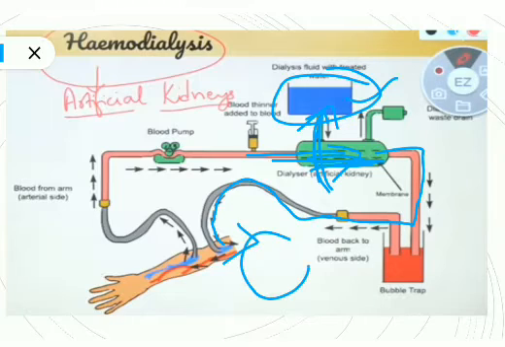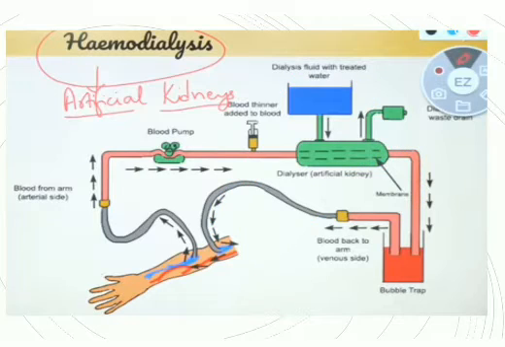The patient will be happy, because the urea has been removed from the blood. So this is the hemodialysis process. Okay, fine. Next, please watch the video, and for better understanding you will get the contents very easily.